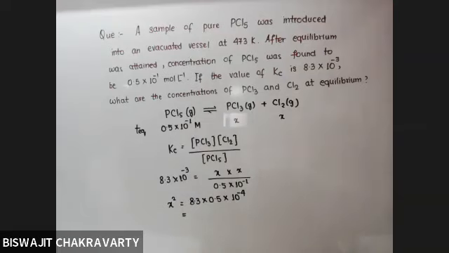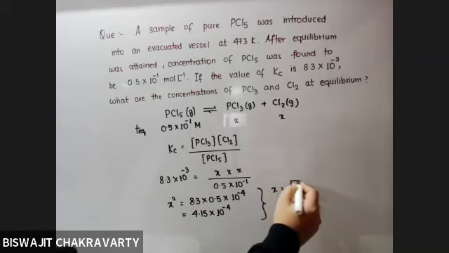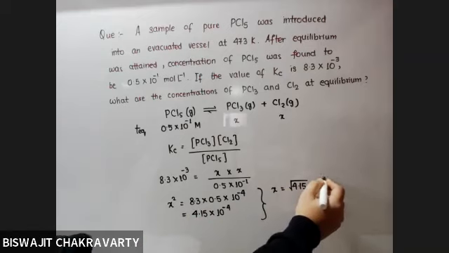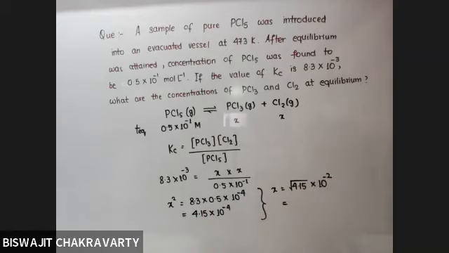Eight point three into 0.5 is 4.15 into 10 to the power minus 4. x will be the square root of 4.15 and this will be 10 to the power minus 2. The square root of 4.15 is 2.037 or 2.04.